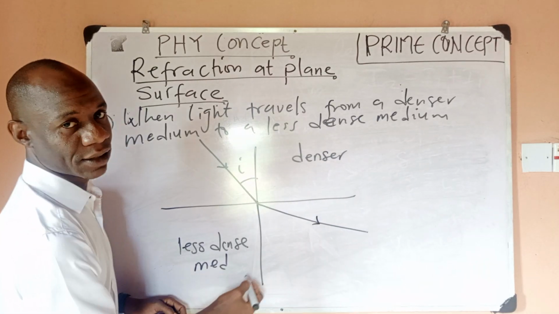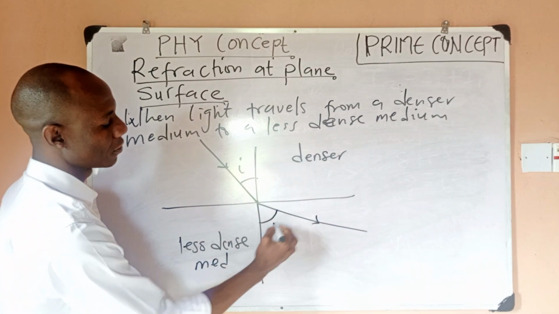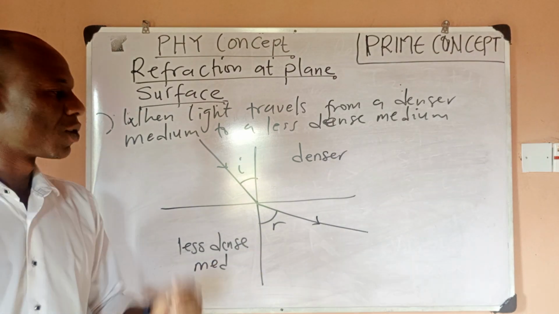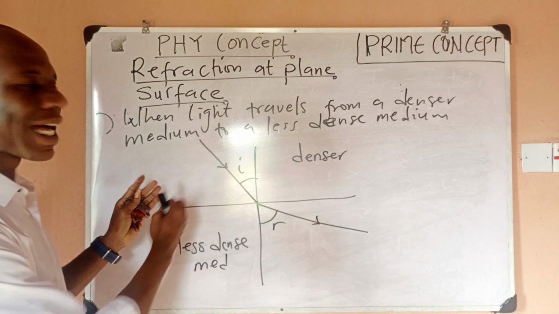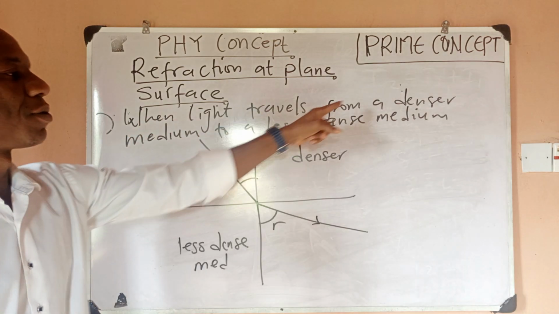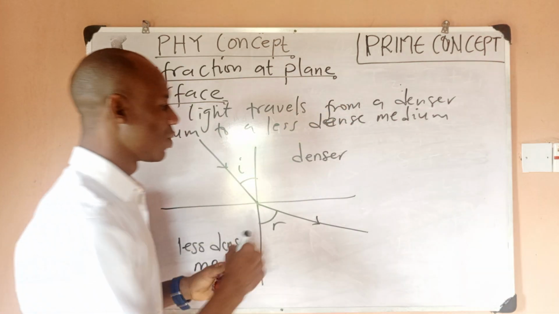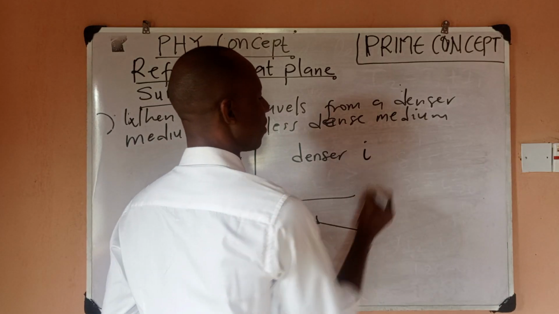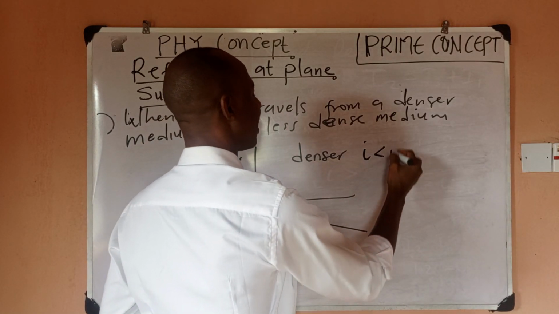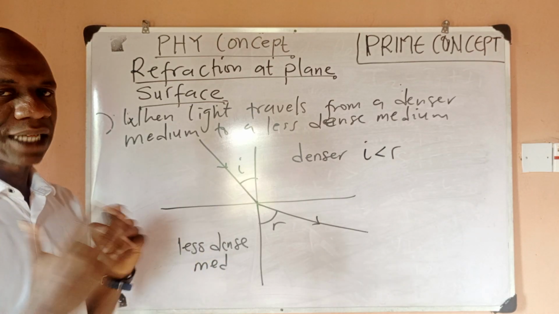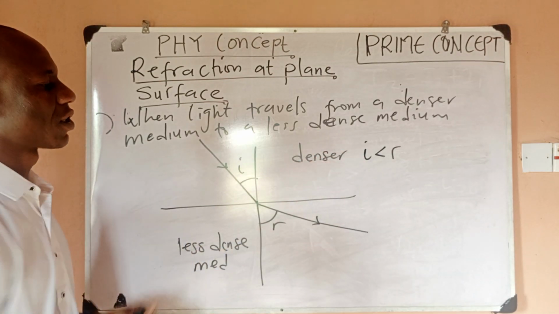So this is the refracted ray, and you can see how big the angle of refraction is. This simply tells you that under this condition, when light travels from a denser medium to a less dense medium, your angle of incidence would always be less than your angle of refraction.